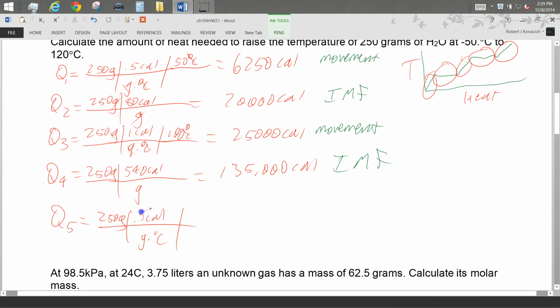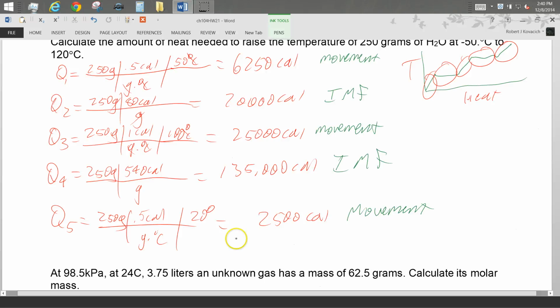I put the decimal place. There we go. And it's 20 degrees for my change in temp, because I went from 100 up to 120. All right, and so it's 2,500 calories. And what is that 2,500 calories doing? It's simply making the steam, the water molecules in the gaseous phase, fly around inside the container faster. That's it.